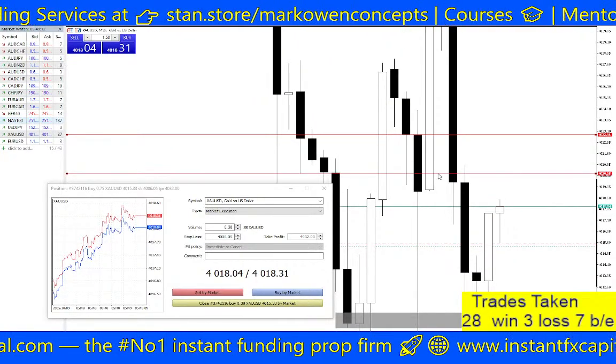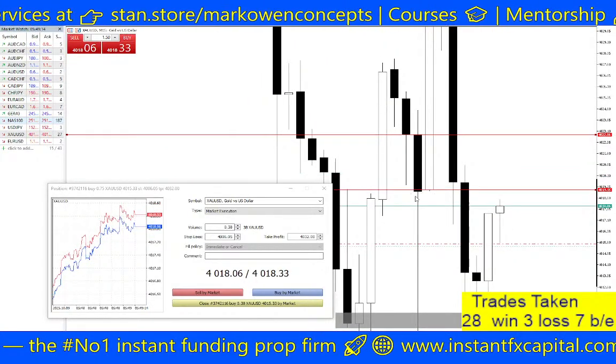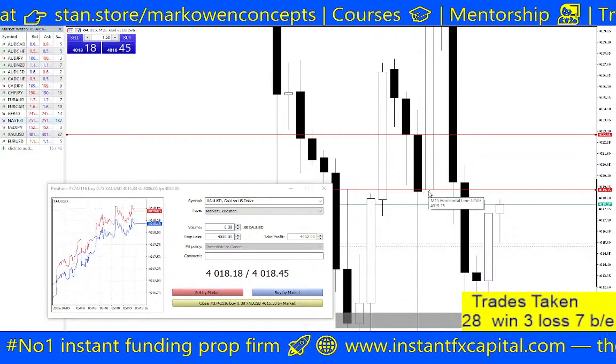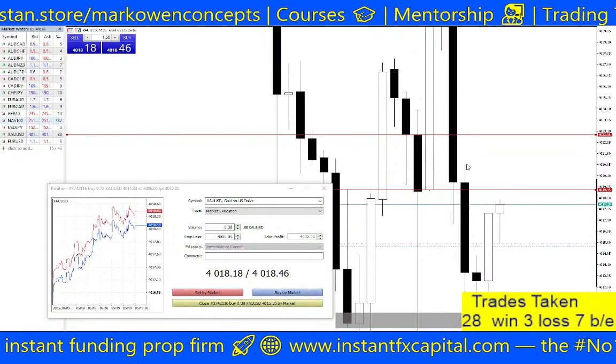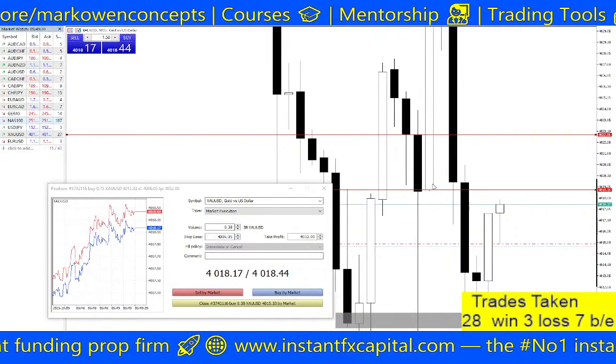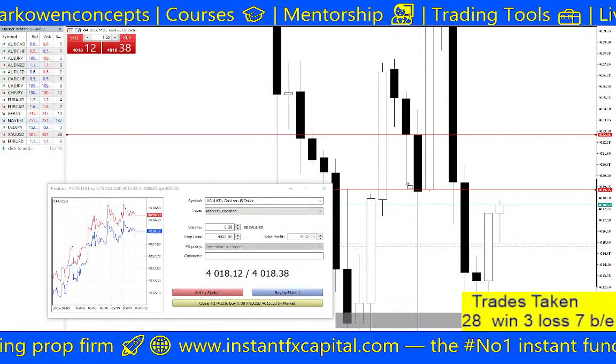So I'm just looking at, you see this where we had support here, it came down, rejected, came up, created a lower high. So this little range.